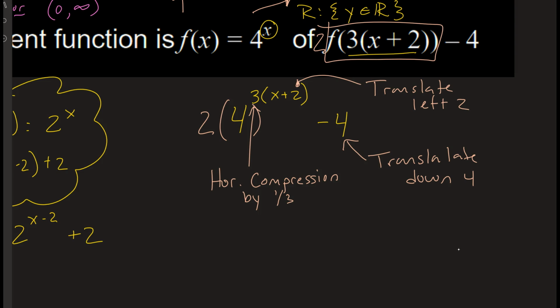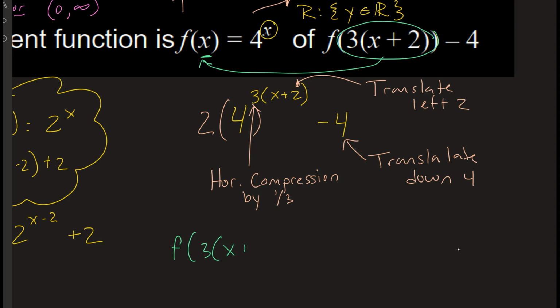All you have to know is that everything that is inside after your f is replacing x. Because that's what was in our original equation, right? Just an x. But it has now been substituted for 3x plus 2 instead. This is just function notation. It's just like compositions.